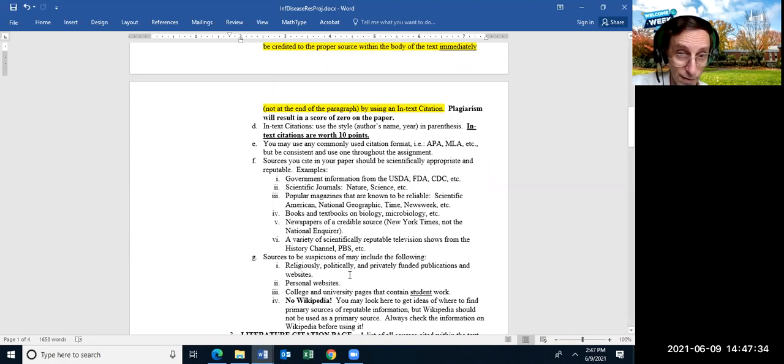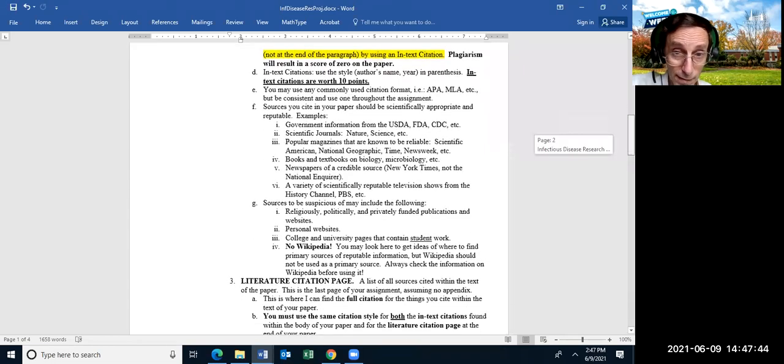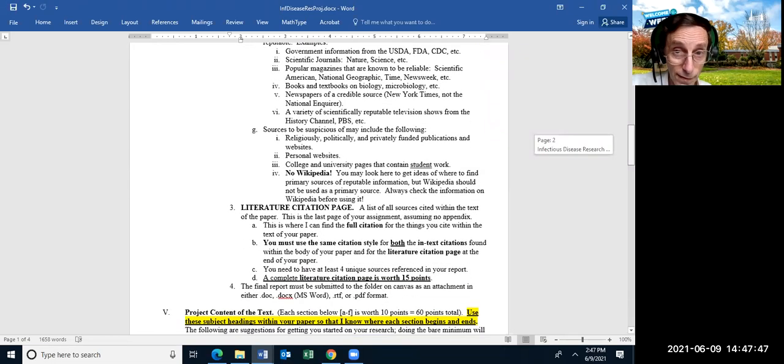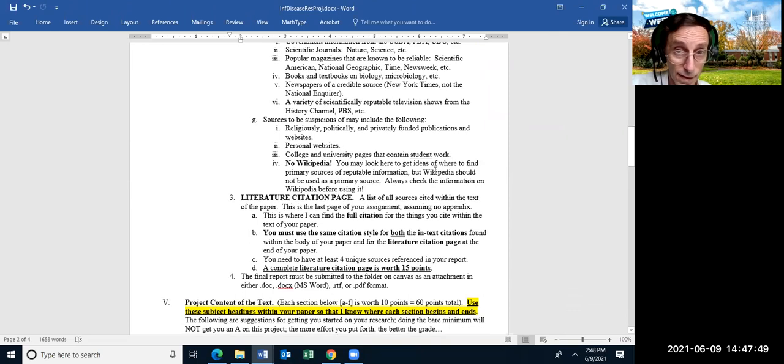Sources to be suspicious of include religious sources, political sources, privately funded publications and websites, people's personal websites, college and university pages that contain student work, and like I said, Wikipedia is a susceptible source. The literature citation page, I've already talked about that, but it's going to be worth 15 points.